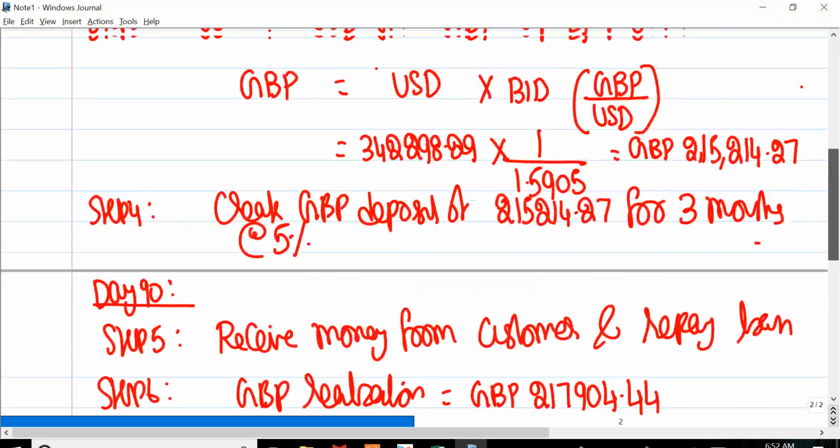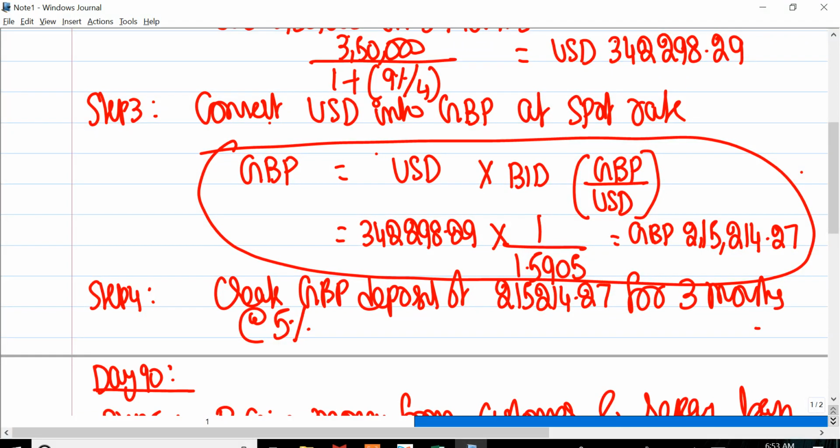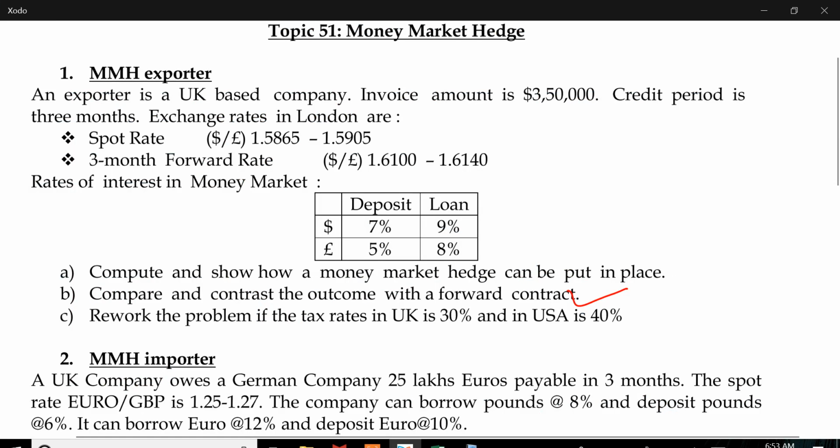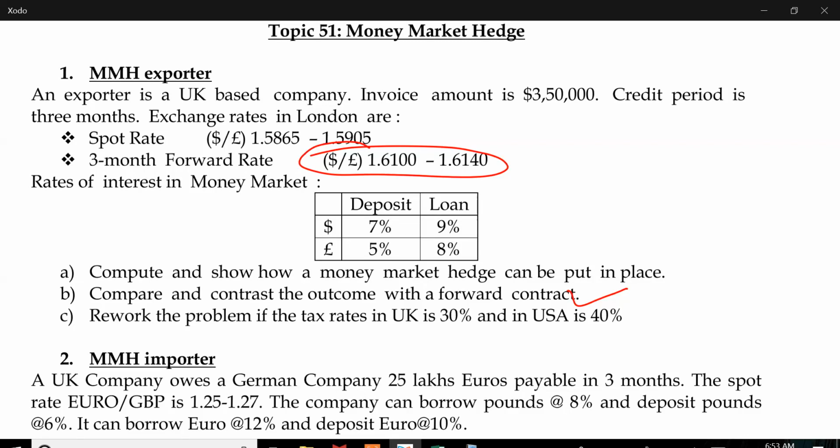Now, like we did a calculation here, I will use the same formula, GBP USD into, just that I am going to use the 3-month forward rate, and I can be certain what is going to happen. So, known component USD 3,50,000, unknown component GBP.